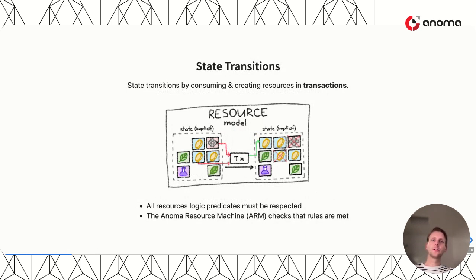The old resources are consumed and are also crossed out on the right-hand side. So this is the resource model in a nutshell.